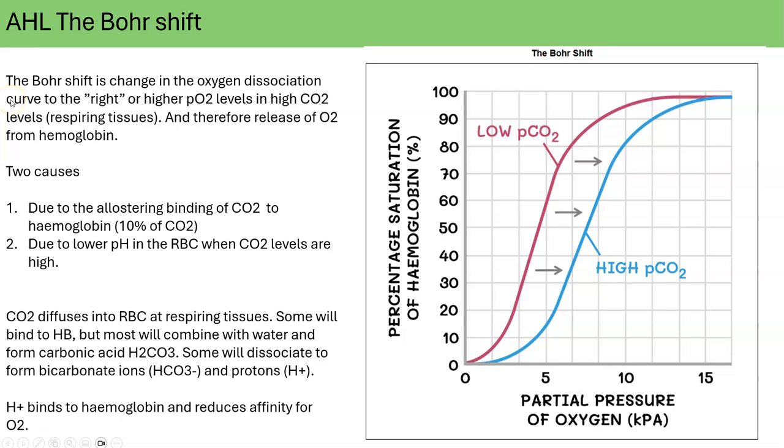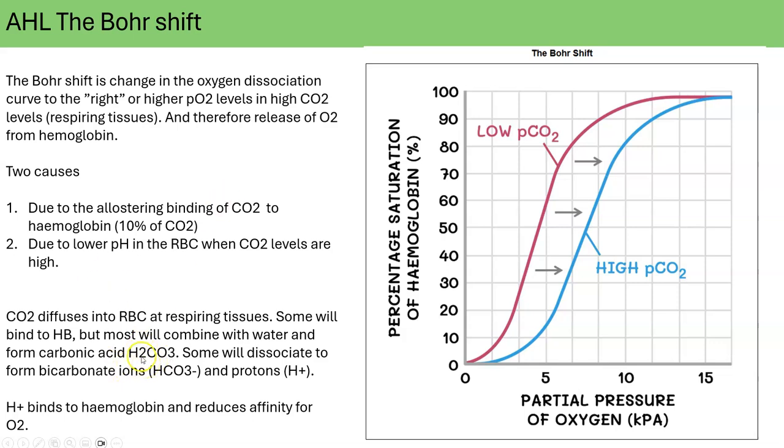Most of the CO2, when it leaves your tissues and enters the blood, goes into the red blood cells. And inside the red blood cells, there's of course water. I forgot to say that it's because the pH is lower, but that's because these CO2 molecules go into the red blood cells, and some of them will combine with water and form carbonic acid.